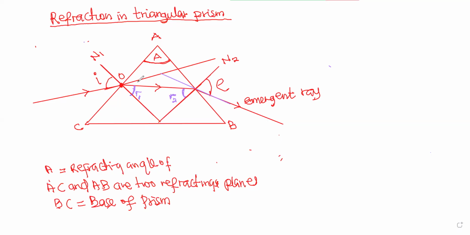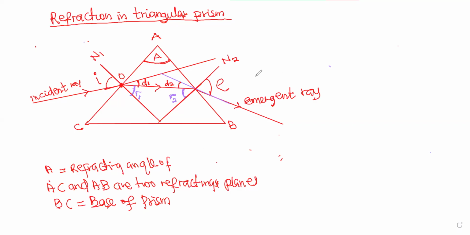What do you think is this angle, the angle between the refracted ray and the incident ray? Angle of deviation. Thank you. So to the plane AC, this is the first angle of deviation, D1. To the plane AB, this also is the second angle of deviation, D2.